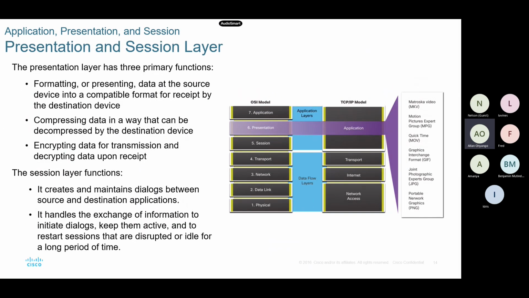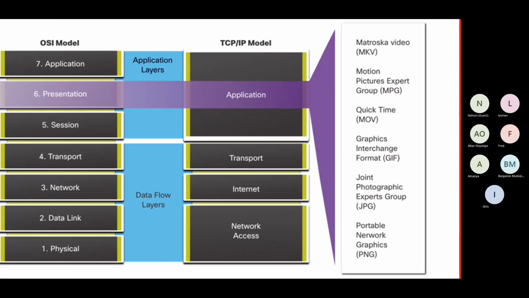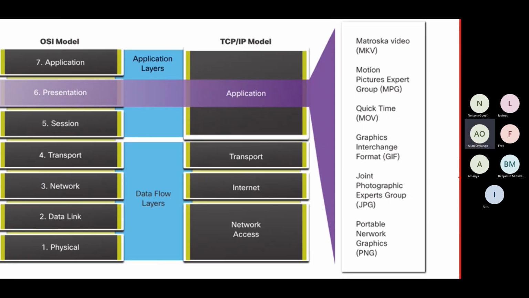Today, let's now look at the presentation layer. What is the function of the presentation layer? I'm sure we must have heard about some of these file extensions like .png, the Portable Network Graphics. This is an image extension for pictures.